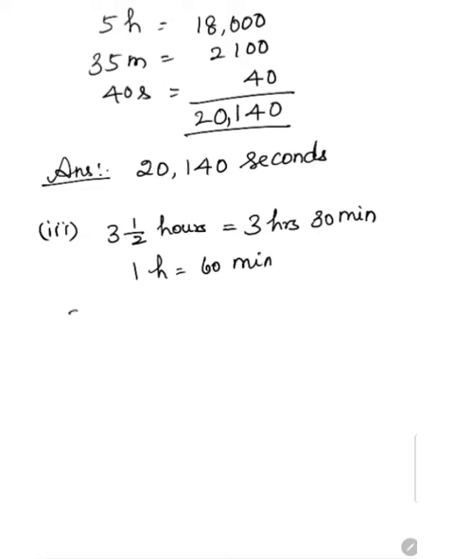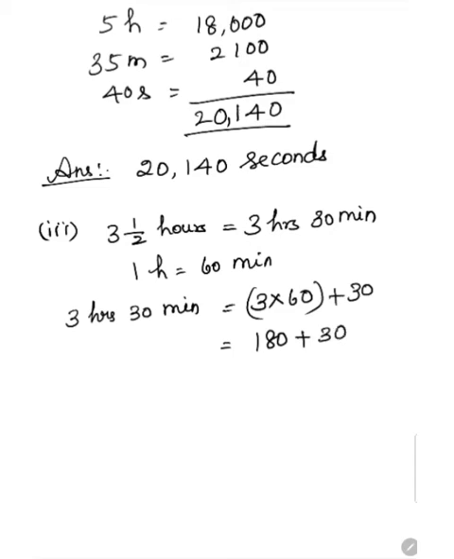So 3 hours 30 minutes means 3 into 60 plus the 30 minutes as it is. 3 into 60 is 180. So 180 plus 30 is 210 minutes. So 3 and a half hours is nothing but 210 minutes.